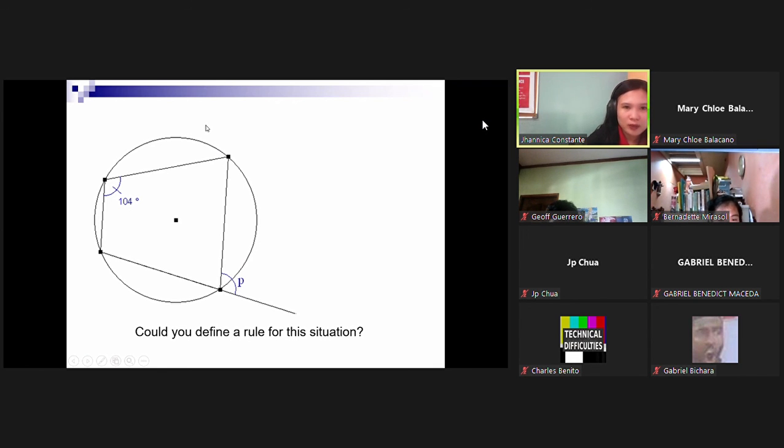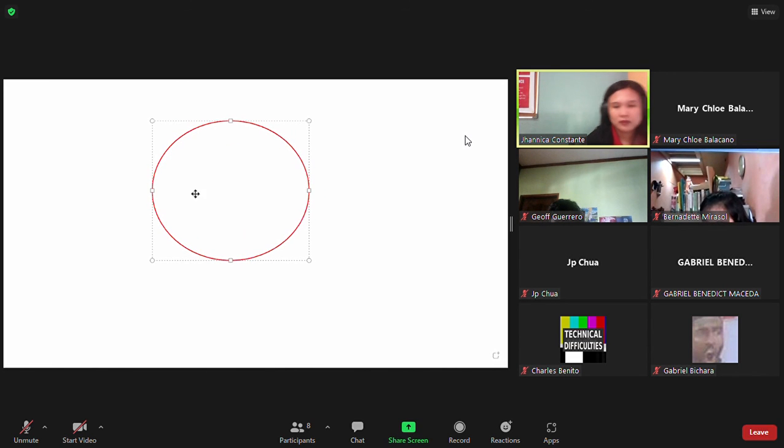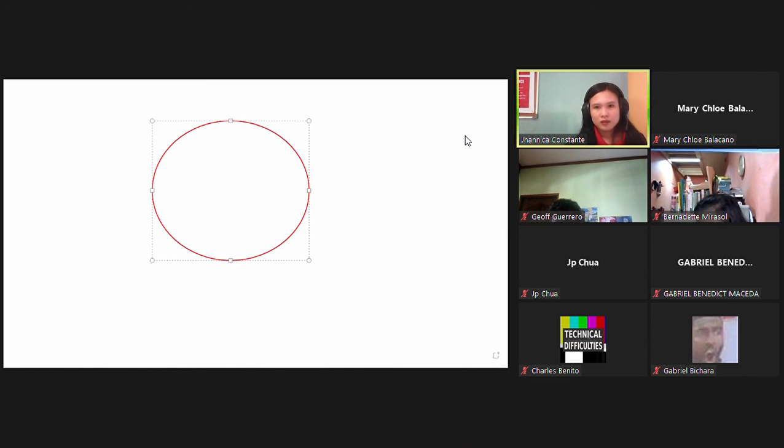So for example, we have this circle. We have a quadrilateral that is drawn inside of our circle.